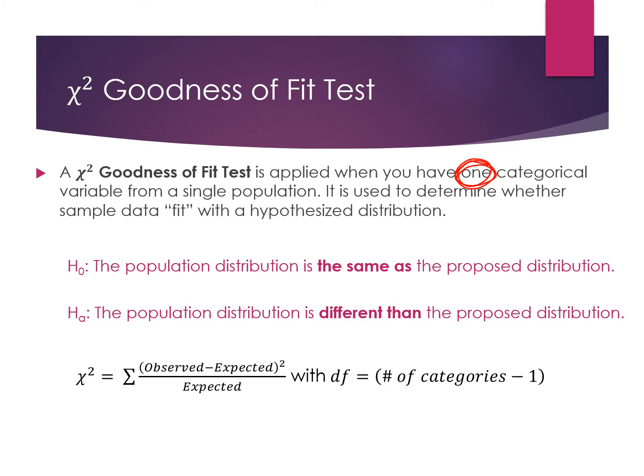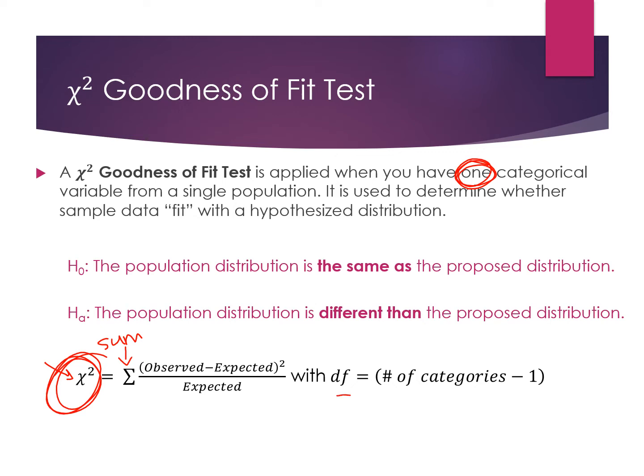The new formulas for this unit, this symbol right here, that is the chi-squared symbol. That's the Greek letter chi and then obviously squared, so chi-squared. To find the chi-squared statistic, you take the sum of the observed values, so whatever you observe when you collect your data, minus what you expect based on your null hypothesis, squared over your expected values.